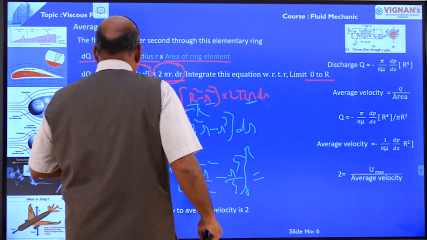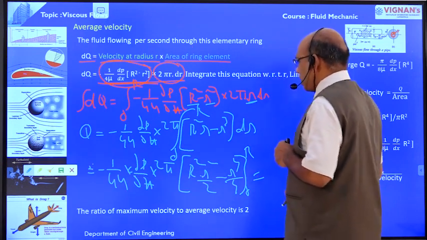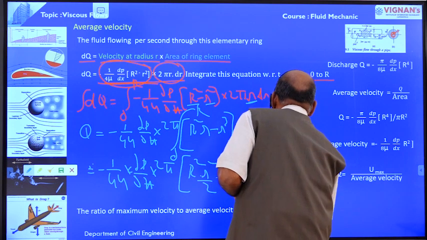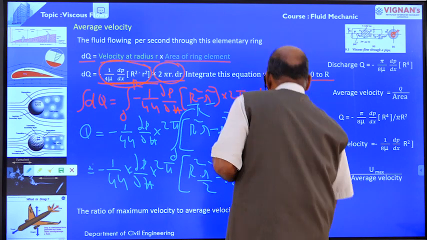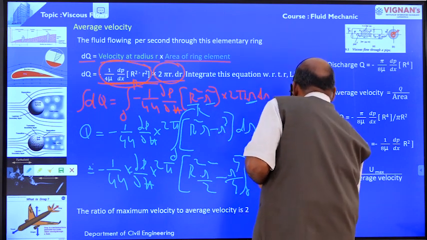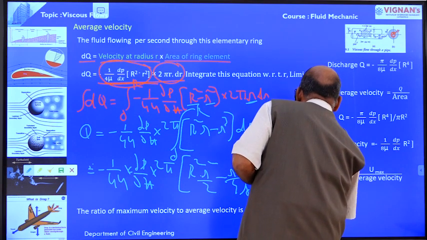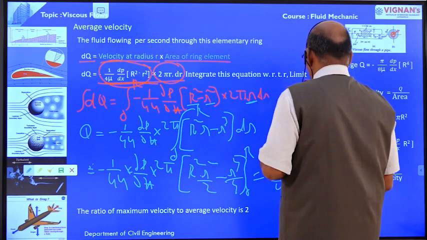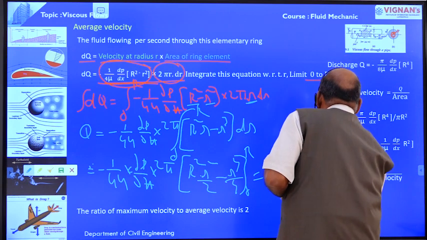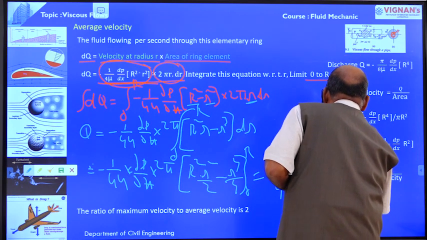This is equal to, substitute the r value here. Finally we have minus 1 by 4 mu into dou p by dou x into 2 pi.